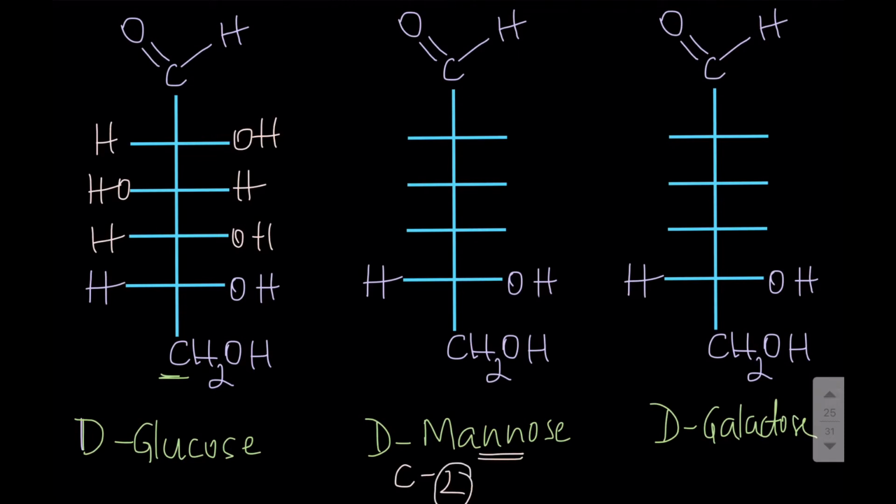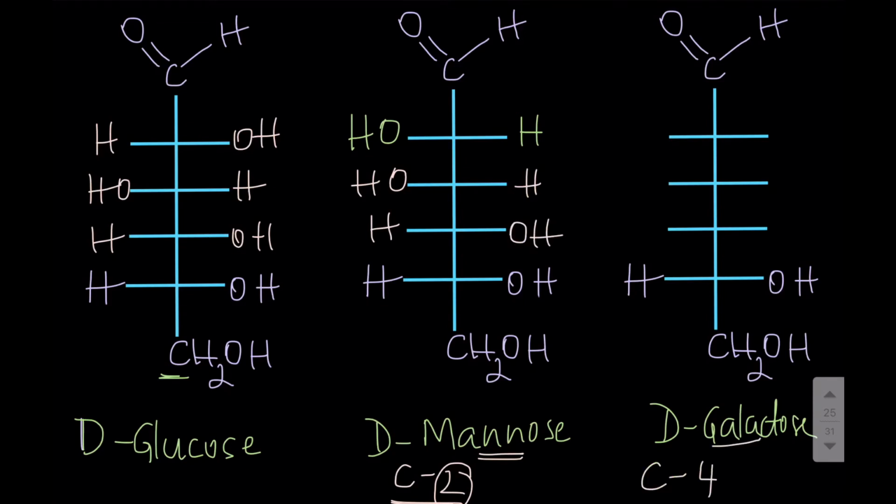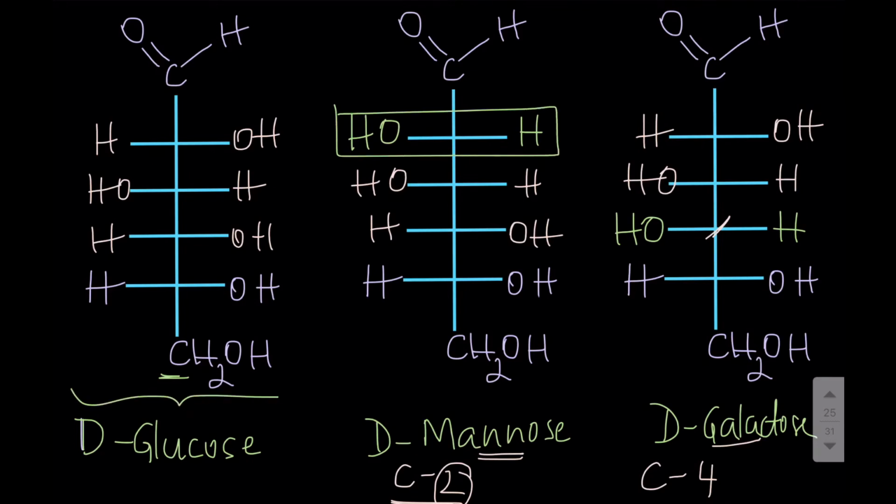So you will change the orientation on the second carbon only with respect to glucose. And when it comes to galactose, which is a C4 epimer, you will change the orientation on the fourth carbon only. So the fourth carbon has H on the left and OH on the right on glucose, it will be OH on the left and H on the right on galactose. So if you know glucose, you can easily write mannose and galactose.